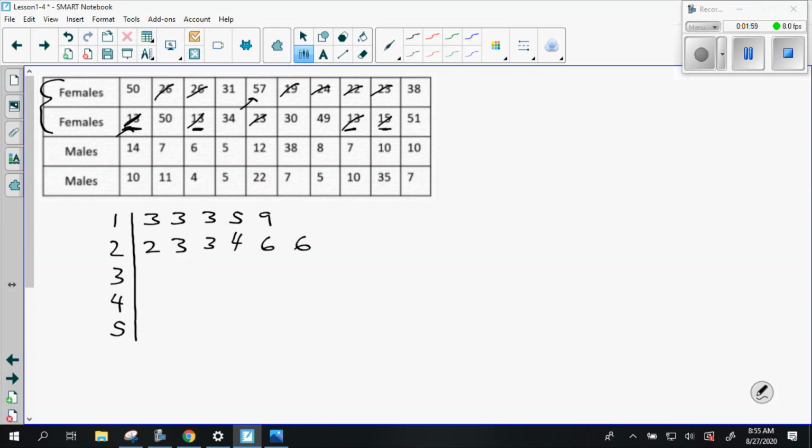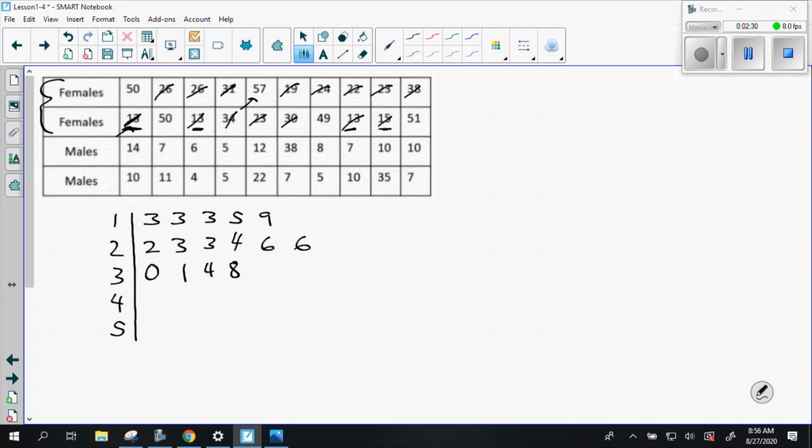Let's look at what we've got in the 30s. We have a 31. Oh, my bad. We have a 30 and a 31. So we have a 30, a 31. We crossed that one out. A 34. And it looks like we've got this 38 here. In the 40s, it seems that we only have a 49.